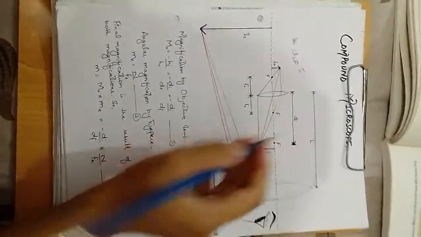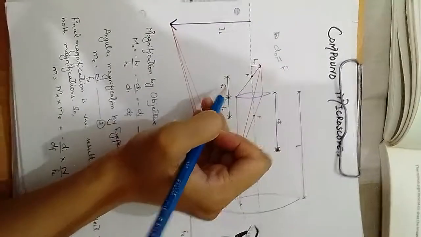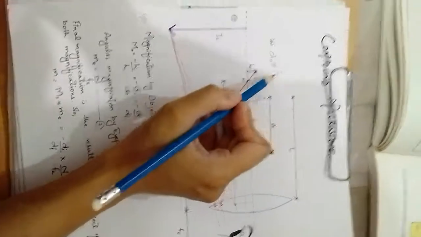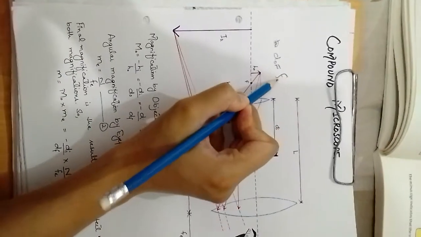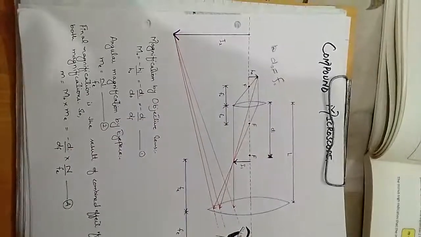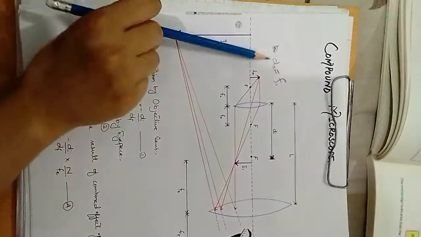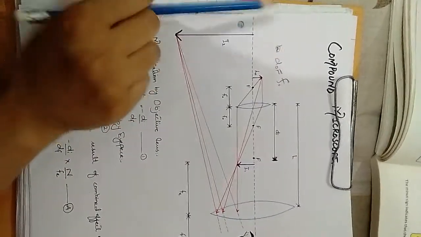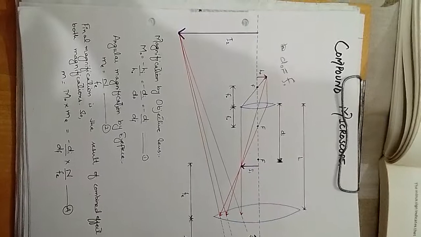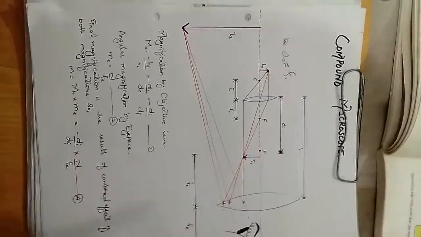Here we have denoted the focal length with FO. This is the condition that needs to be fulfilled in order to get the right equation for the compound microscope.